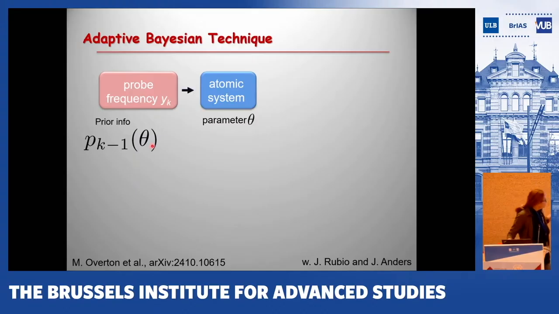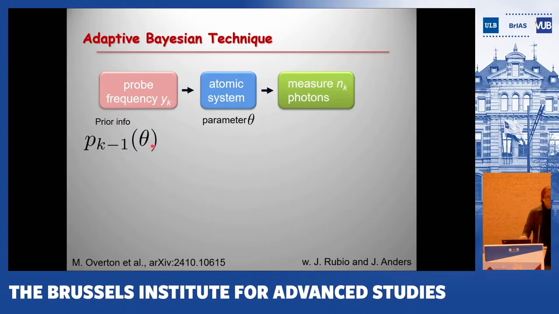We send this through and we get an answer, which is a number of photons that have been absorbed for this specific frequency, and that means we have a probability of this photon number for theta under this control parameter yk, which is the frequency.